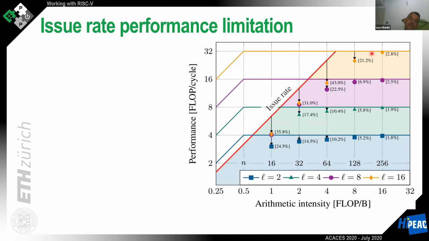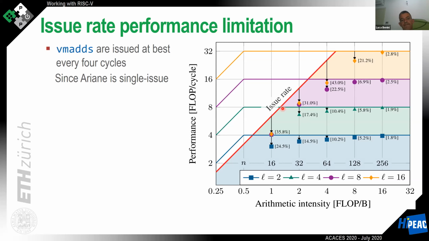In this region, you are limited by the issue rate of Ariane and not by the memory bandwidth in the memory system of the vector processor. This is an artifact of the fact that the interface between Ariane and ARA is very simple and blocking. So, an area for future improvement.